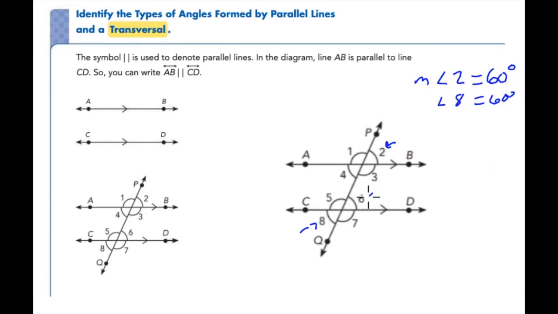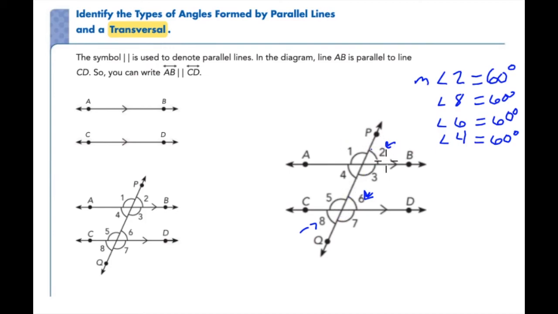We also know that its corresponding angle, angle 6, is also 60 degrees. 6 has the alternate interior angle of 4, so that means that angle 4 is also 60 degrees. So we just had 4 angles there that were 60 degrees.